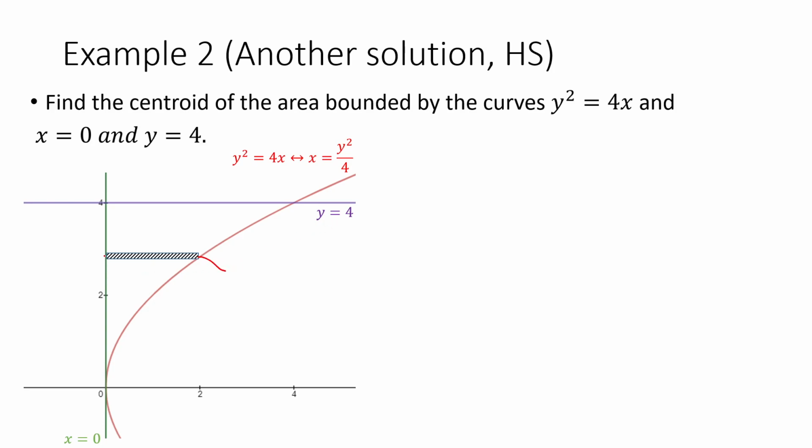The left portion is the green graph. So this one is x equals 0. So that's one at the bottom part. And then if you're going to translate y squared in terms of x, this becomes x equals y squared over 4. So this will be our x left. Our x right will be y squared over 4.